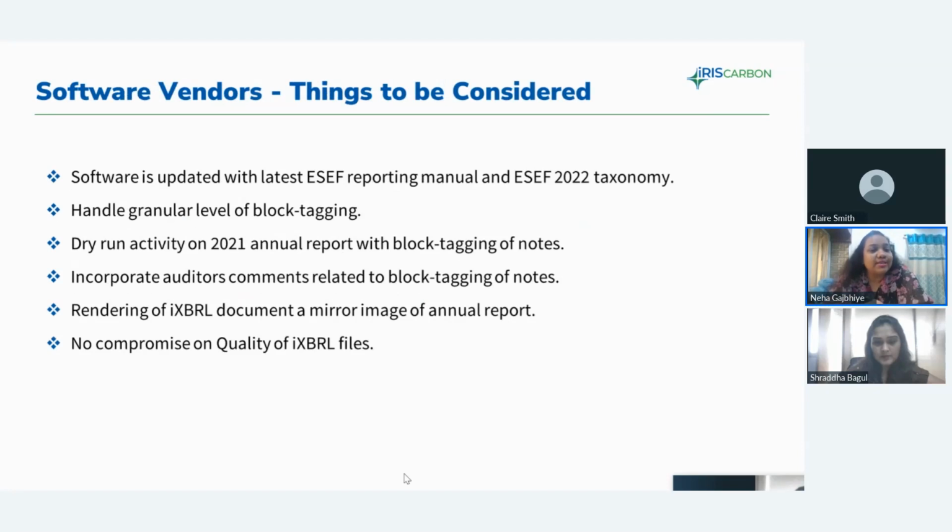Now, let's see what the things to be considered from the software vendor's point of view are. The software vendor has to make sure that the software is updated with the latest ESEF reporting manual and the latest 2022 taxonomy. Here, the key takeaway for software vendors is to expect the unexpected.